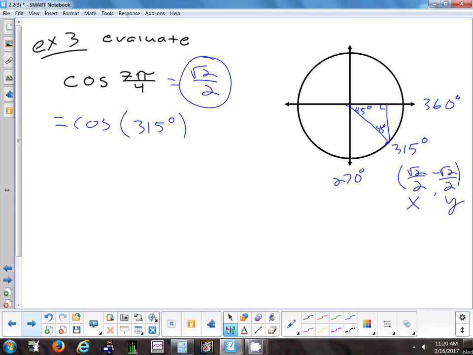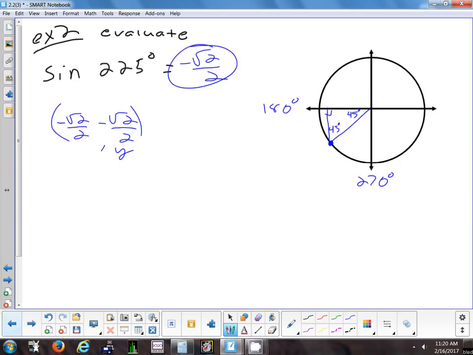The tangent in quadrant 3, would that be positive 1 instead of both negative? Yes, if you had the tangent, like in this problem, the tangent of 225 would be y divided by x. Since they're both negative, they divide and become positive. So the tangent of 225 is positive 1.